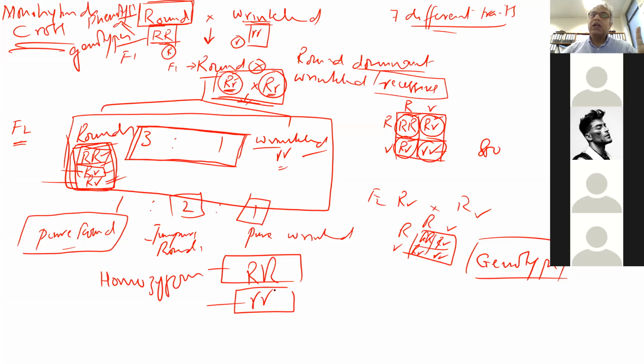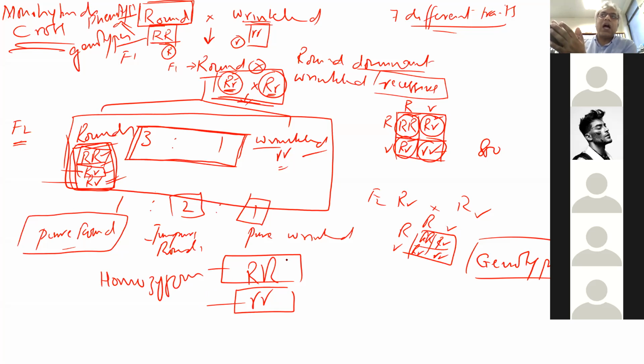Remember this term. Homozygous recessive: if I say homozygous recessive, you should know immediately that I am talking about wrinkled, small r. Homozygous round, you should immediately know I am talking about capital R. Homozygous tall, and homozygous dwarf is recessive. So you should know all this.